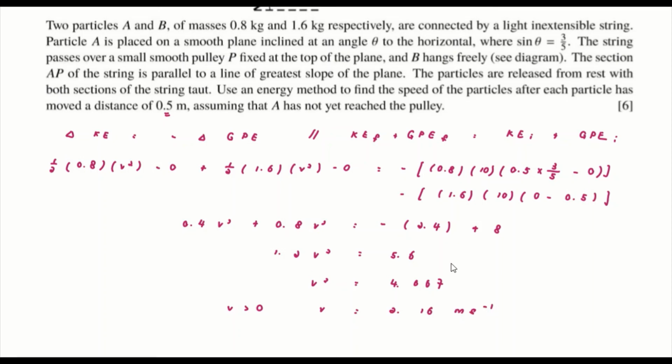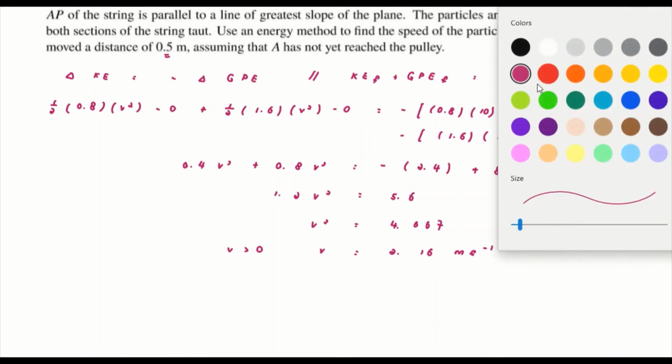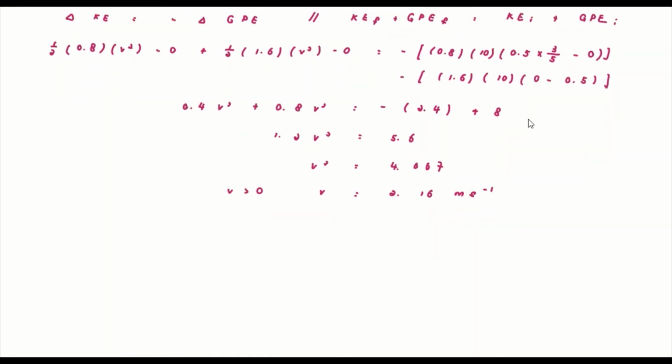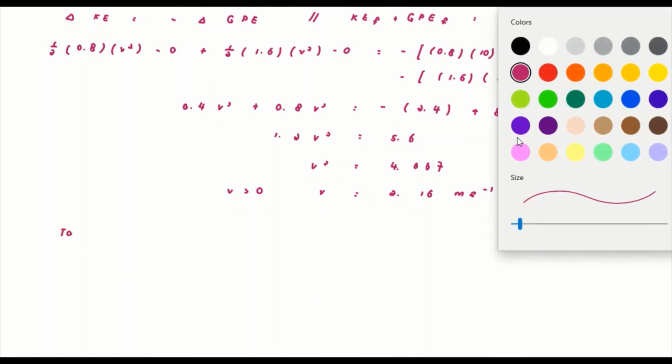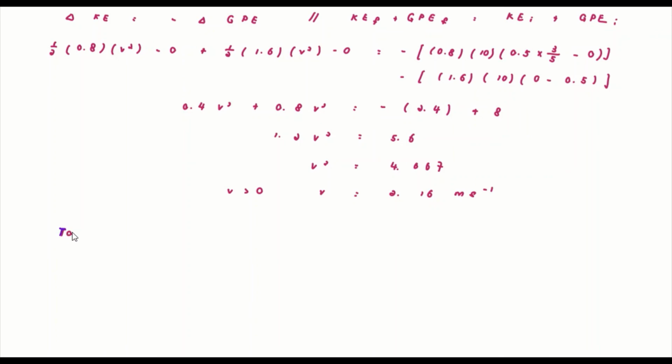The idea is the same: you look at the two particles and add them together for the change in KE and the change in GPE. In other words, if you are using the work energy principle, the total work done is equal to the change in GPE plus the change in KE.